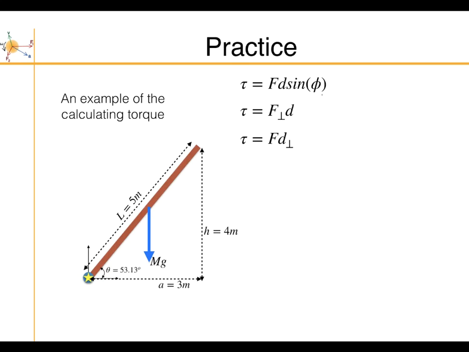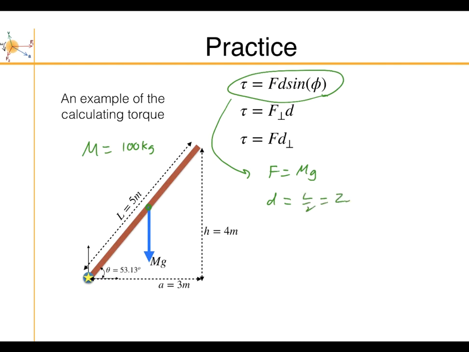So using this method here, what is the force? Well, the force is mg. And let's give it a mass. Let's say the mass is 100 kilograms. And then there's the distance, which is, you see that it's halfway up here, so the distance is L over 2, which is 2.5 meters.